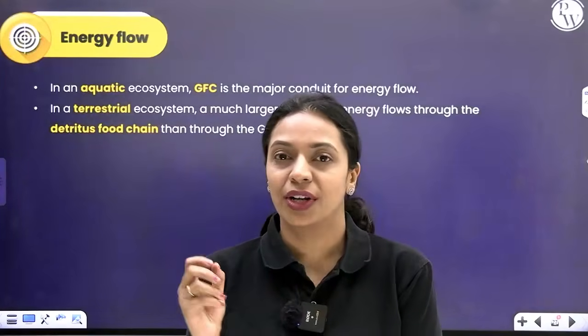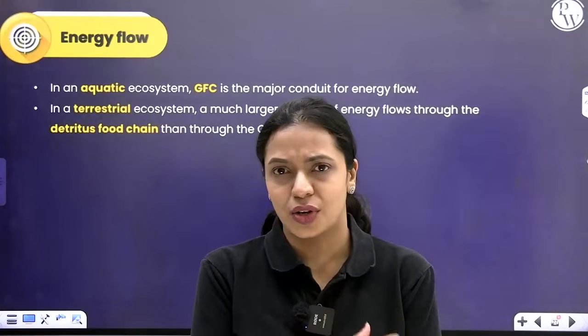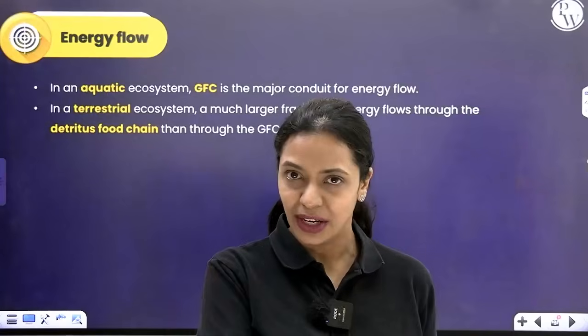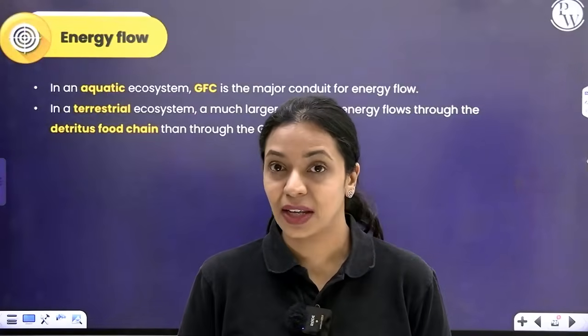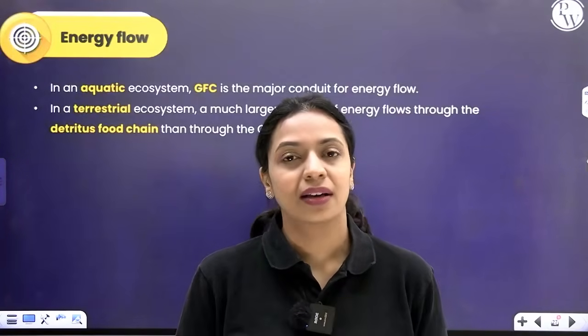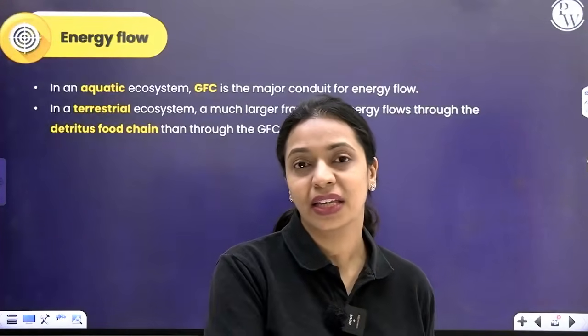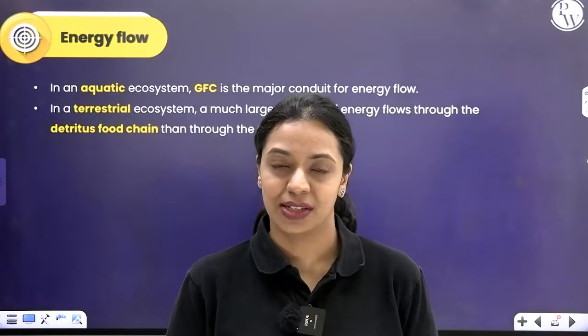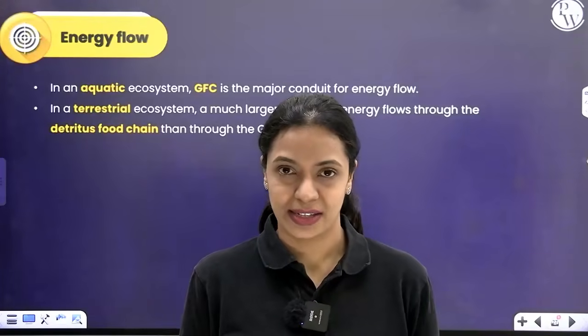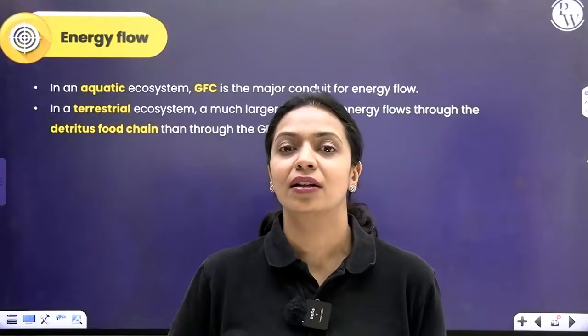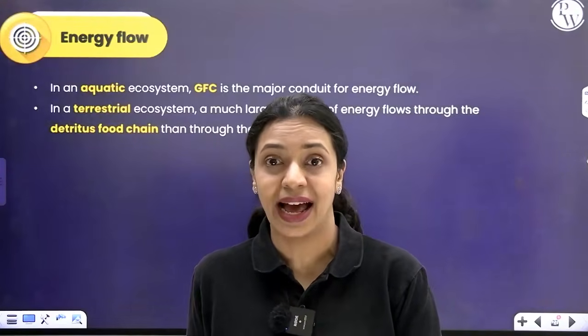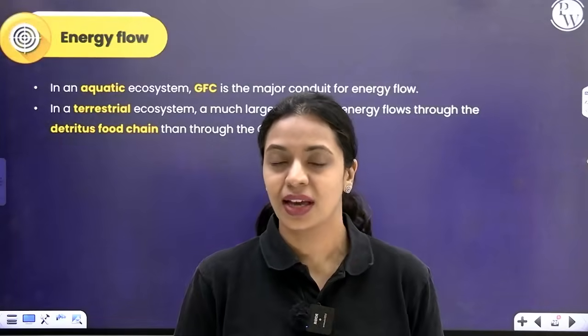Even in water bodies, you have phytoplanktons and other sorts of plants and algae that animals feed on. So the grazing food chain is happening in water bodies as well. Organisms are dying, and detritus is getting decomposed on land, and it is happening even in the aquatic environments. Though both happen in both places, the major channel for energy transfer on land is the detritus food chain, and in water it is the grazing food chain.